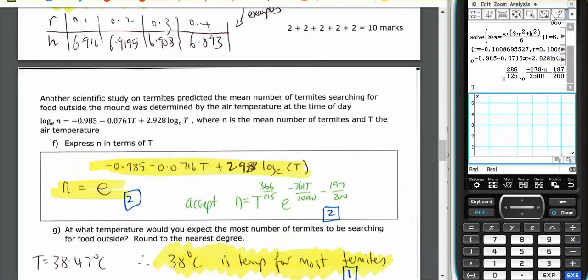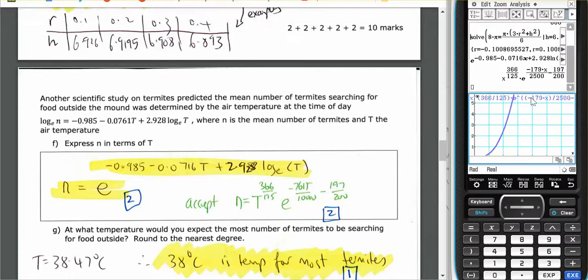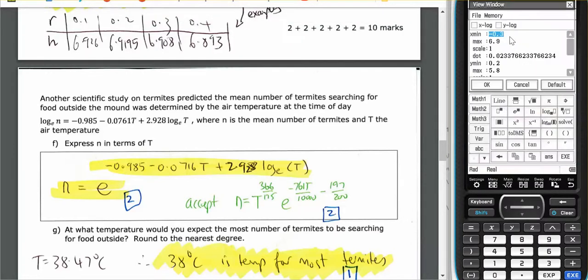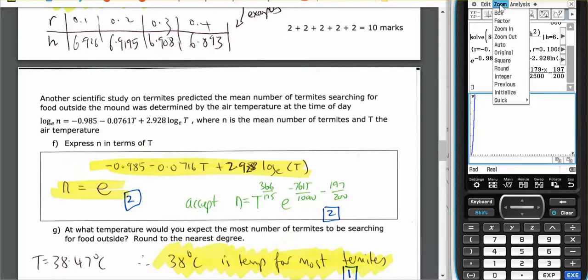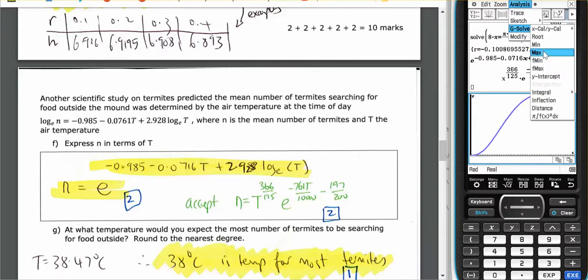If I'm going to graph this, drag and drop, I'm going to be thinking about termites for different temperatures. So let's say we're out in the desert and we might go up to 60 degrees, and I do zoom auto, then I can see the maximum amount of termites.